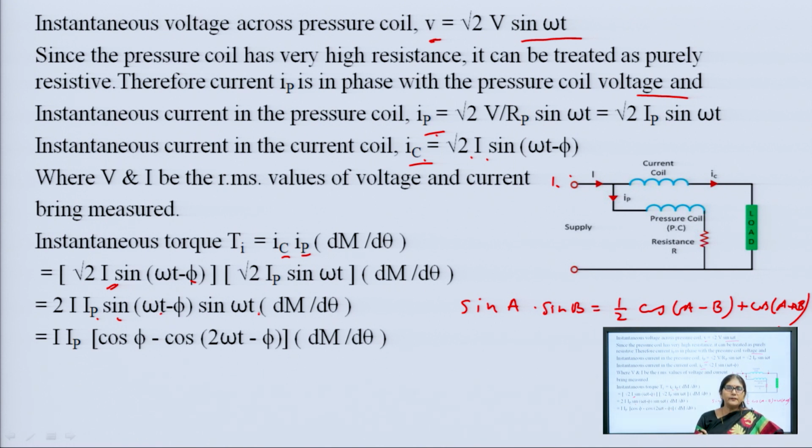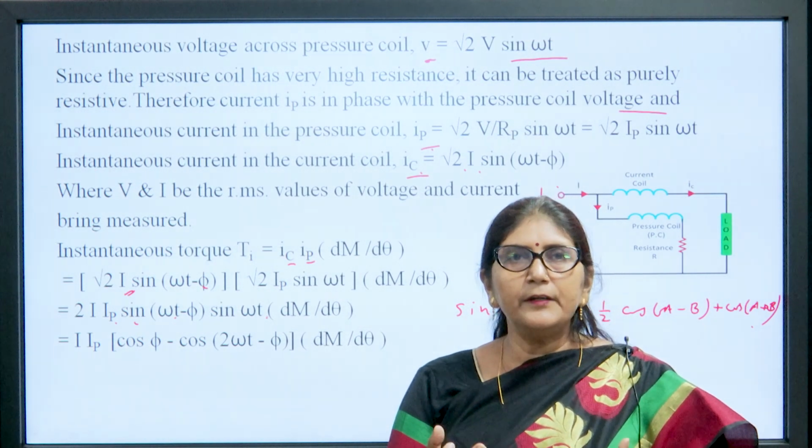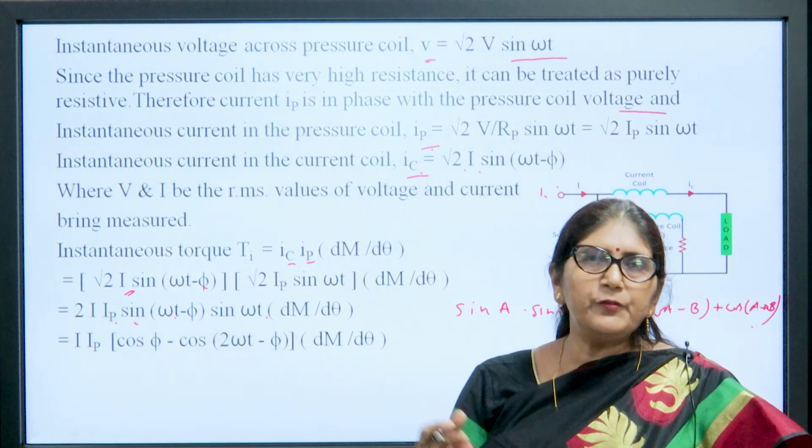In AC current, since the value is changing continuously, we are not interested in the instantaneous torque. We are interested in the power measured over a certain time period. So, we can measure the average power of this AC signal, because the AC signal keeps changing.